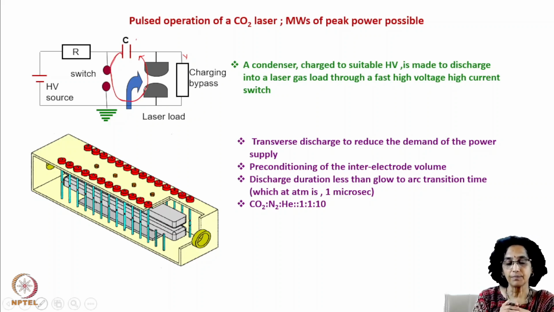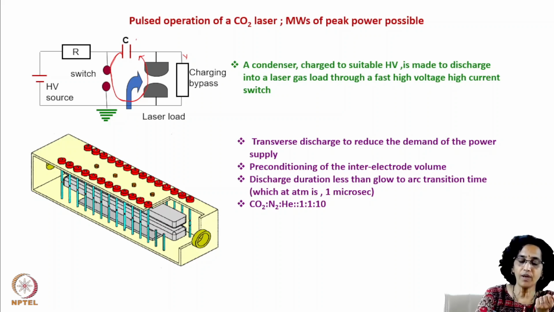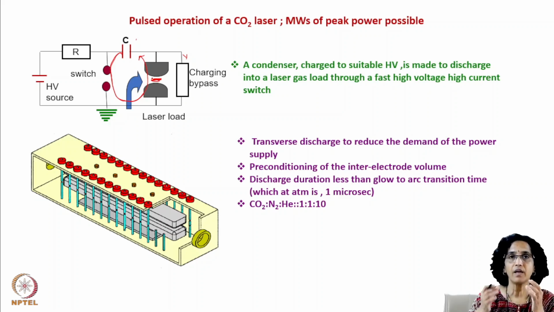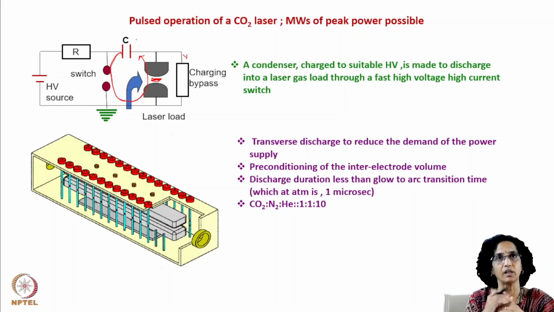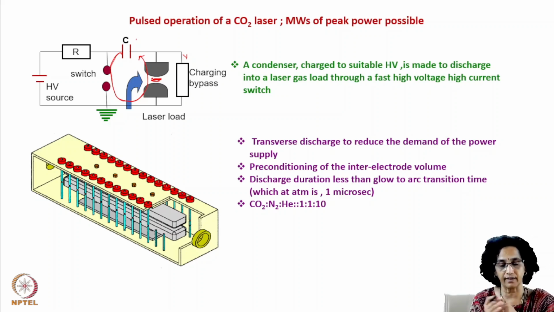Now the discharge duration of the condenser into the laser loop has to be kept less than the glow to arc transition time. If the discharge is within that time, then you can have a glow discharge between the electrodes, where you have filled in your laser gas mixture, that is CO2, nitrogen, and helium.